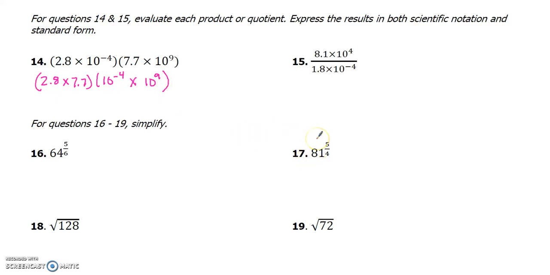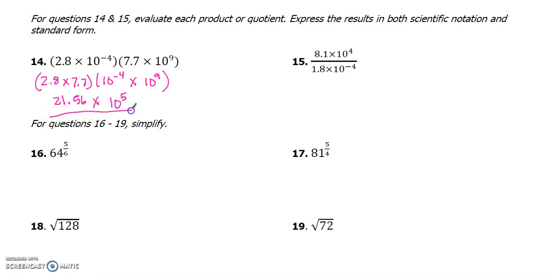That's going to give me 21.56 times, and then bases are the same, and I'm multiplying, so what I do with the exponents, we add them. -4 plus 9 will give me a +5.